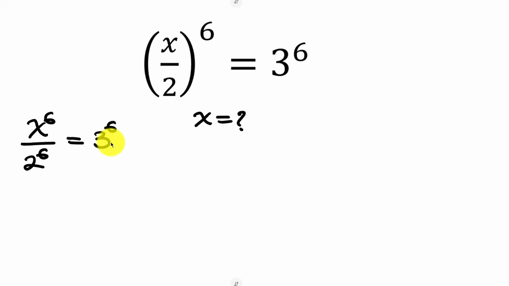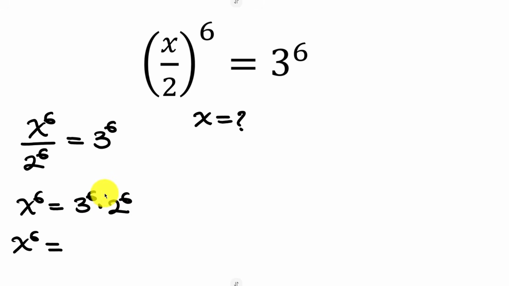Very good. Now let's cross multiply. So we have x to power 6 equal to 3 to power 6 times 2 to power 6. Now this simplifies into x to power 6 equal to, now we can apply the property of indices here.